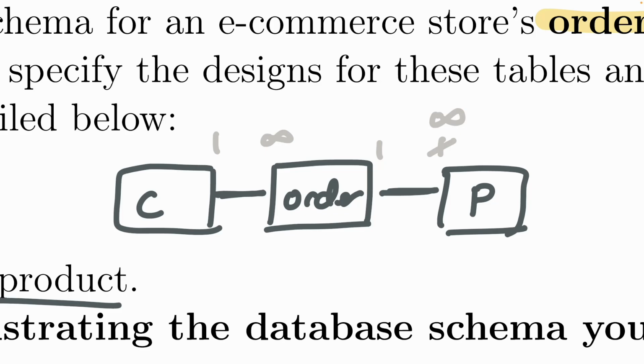Now, would we want a one-to-many where a product ultimately maps to just one order, or would we want it so that products can map to multiple orders? It probably makes more sense, based on the context, to say that one product can be on multiple orders.